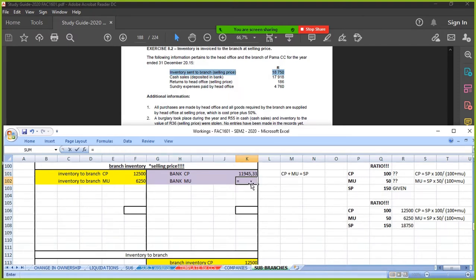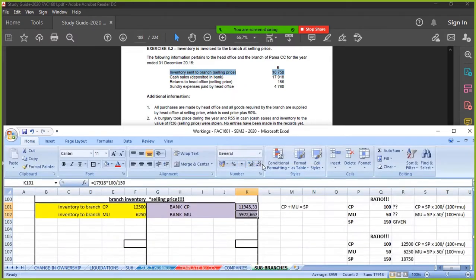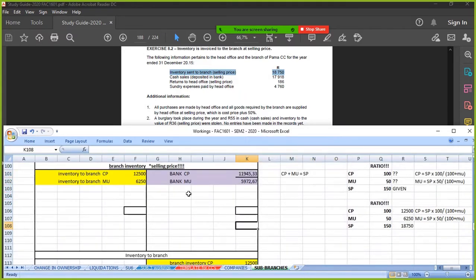And then obviously you do the same thing, but with 50%. And that one I need to round off. All right, there's the cost, there's the markup. Now I've shown the sales. Happy with that one? Yes.